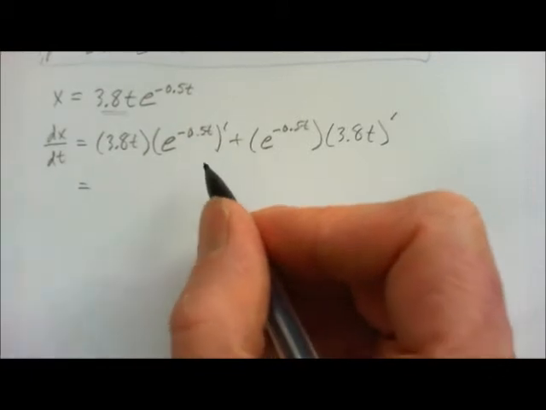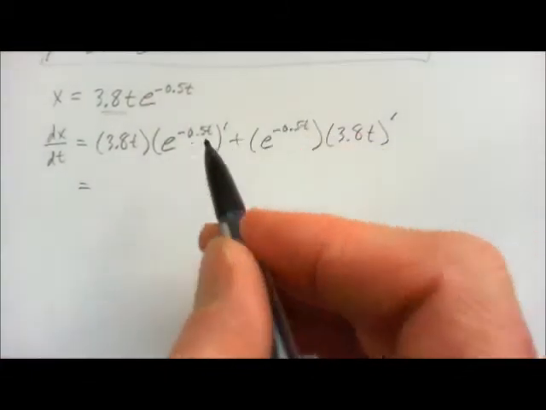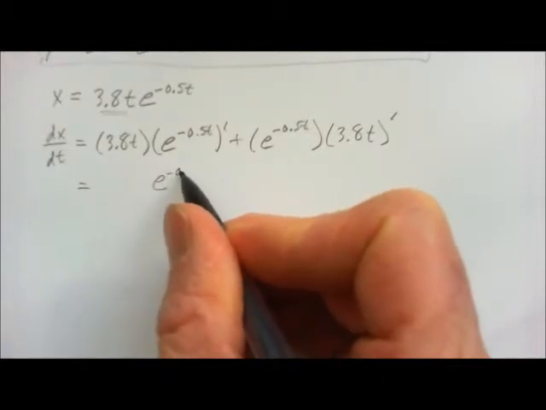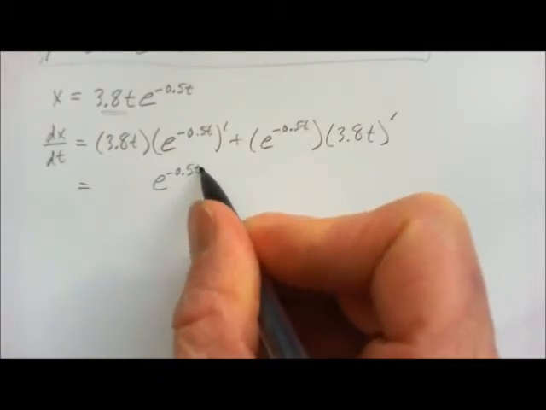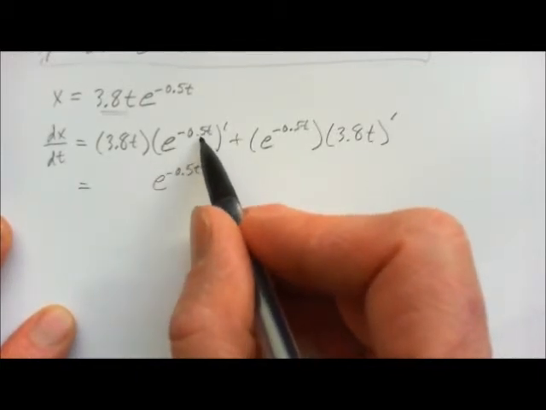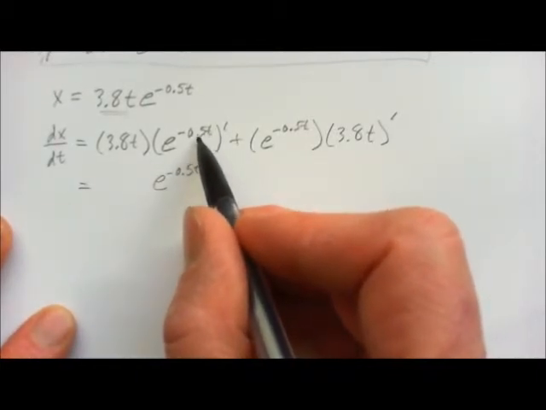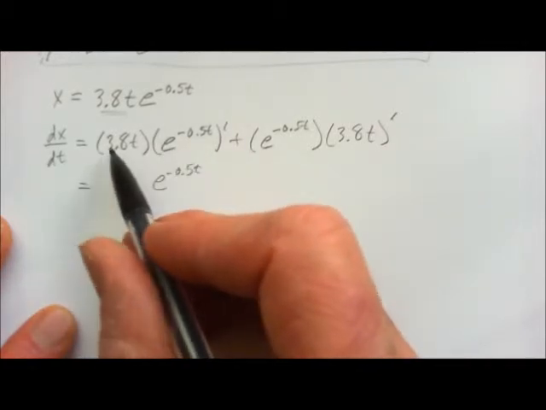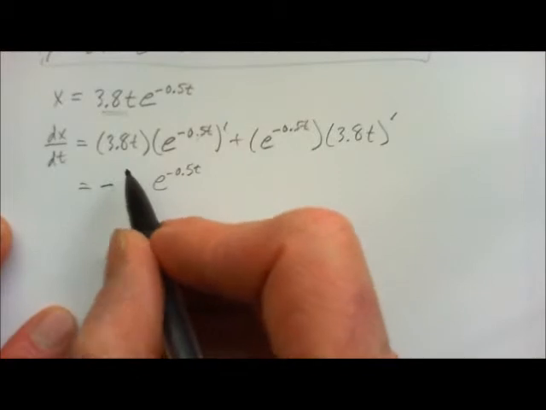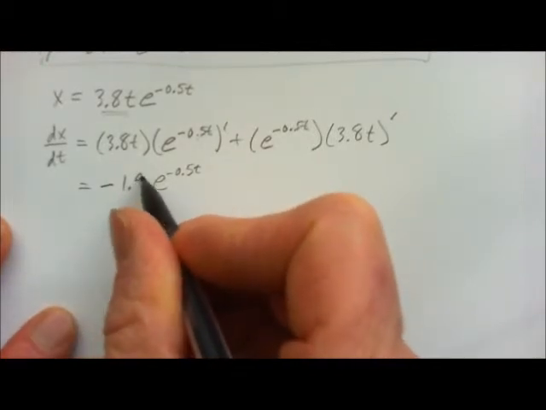Alright, so on this part here, when we do the derivative, we're still going to have an e to the minus 0.5 t, but we're also going to have a factor of negative 0.5 or negative 1/2 multiplied on. So we'll be taking negative 1/2 times 3.8, so that's going to be a negative, and half of 3.8 is 1.9.